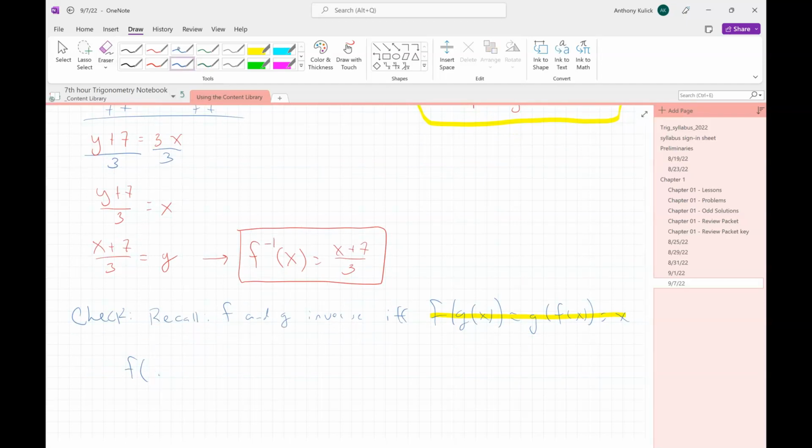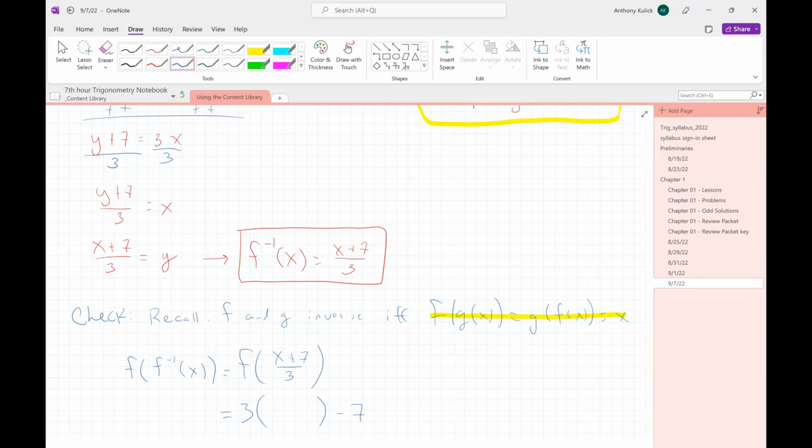So we'll do f of f inverse first. So remember, f inverse in our case is x plus 7 over 3. When I plug that into f, everywhere there was an x, I'm going to put in the x plus 7 over 3. So f was 3x minus 7.